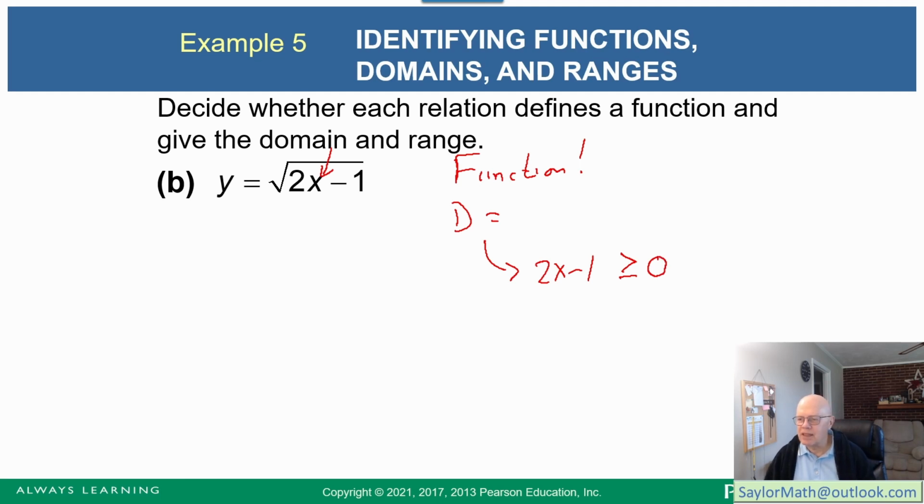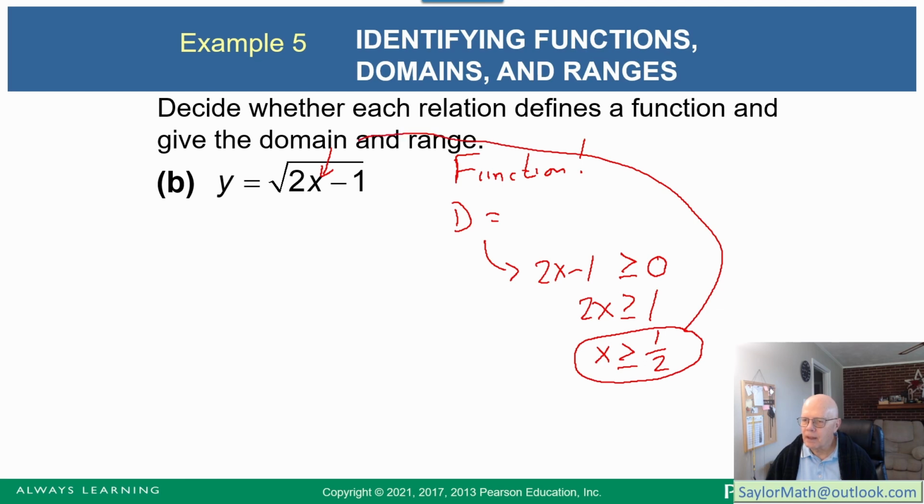And since we write this, we can solve that for x. Add a positive 1 to both sides. We get that. Divide by 2. And since I'm dividing by a positive number, this greater than or equal to does not change. Still greater than or equal to. And these are the numbers in my domain.